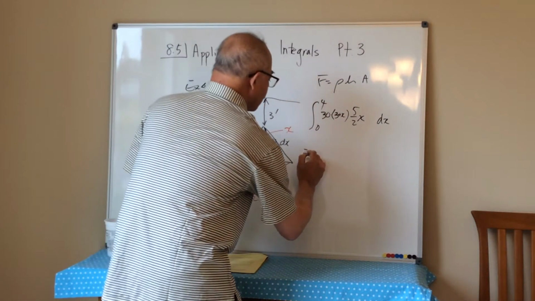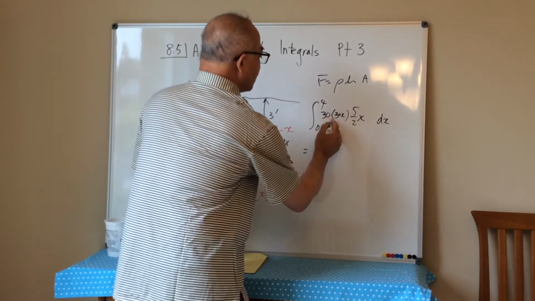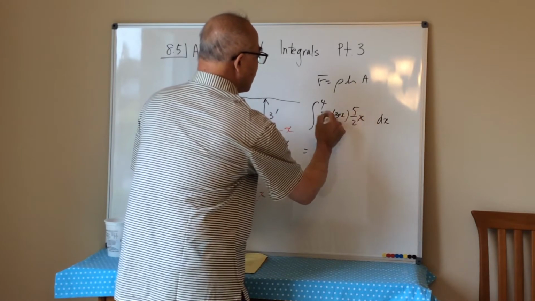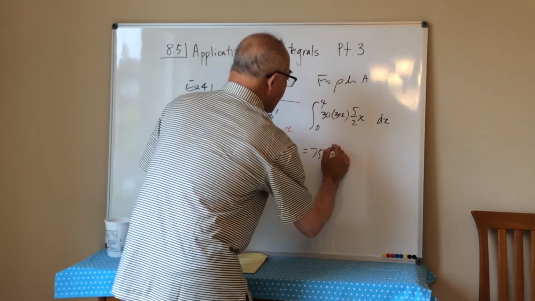0 to 4, so I'm going to pull these two out. This is what? 150 divided by 2, so that's 75.